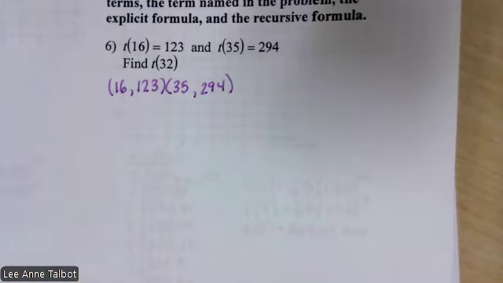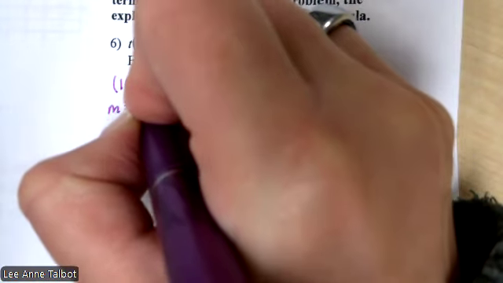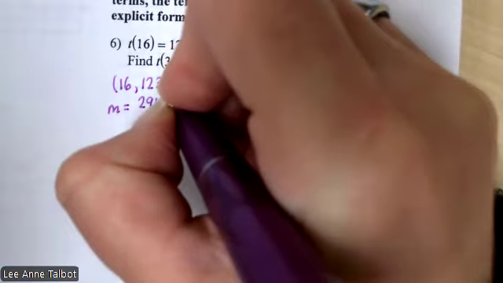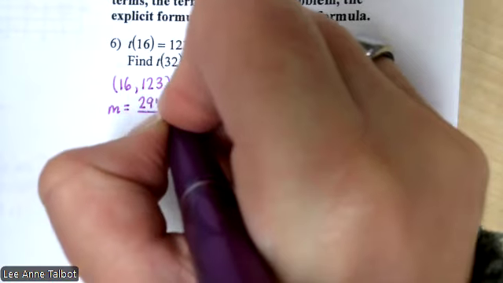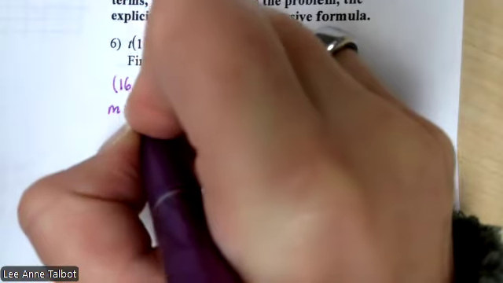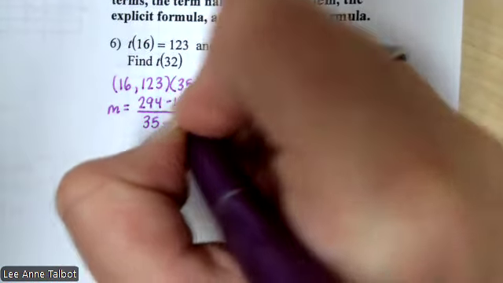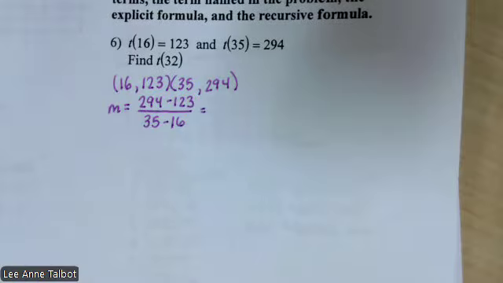Then I'll find the equation of the line using chapter 2 stuff. So slope equals y2 minus y1 over x2 minus x1.